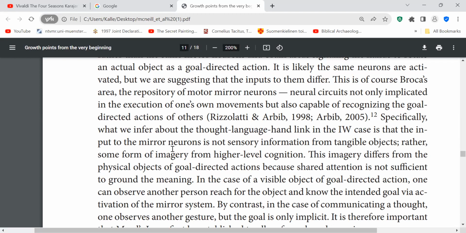Specifically, what we infer about the thought-language handling in the IW case is that the input to the mirror neurons is not sensory information from tangible objects, rather some form of imagery from higher level cognition.